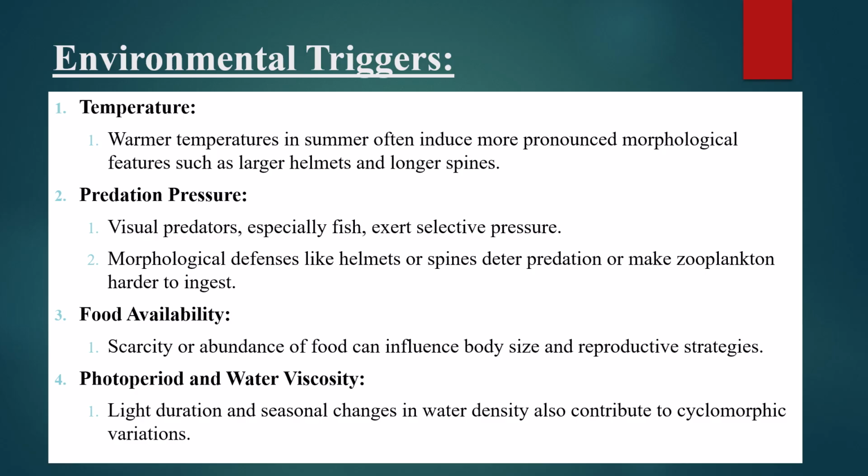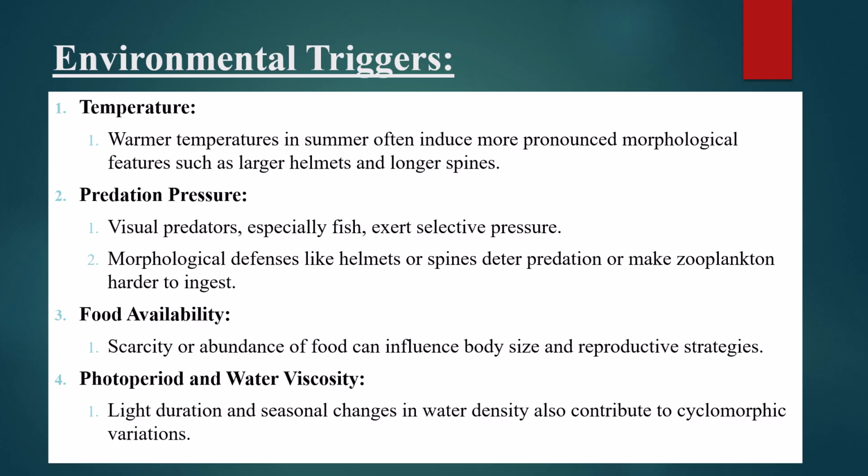So body का size reduce हो जाएगा, बहुत सारे केसेस में जैसे डेफनिया में, और हेलमेट और लॉन्गर स्पाइन्स बन जाएंगे जो कि उसको हेल्प करेंगे टू कीप देम बाइंड. Then predation pressure: visual predators actually do not help in induction, but what they do is they exert a selective pressure, यानी कि जो पॉपुलेशन में ऑलरेडी ऑर्गेनिज्म एग्जिस्ट करते होंगे उस पॉइंट ऑफ टाइम पे, जिनके लार्जर प्रोट्यूबरेंसेस हैं वो एस्केप कर देंगे प्रेडेशन.